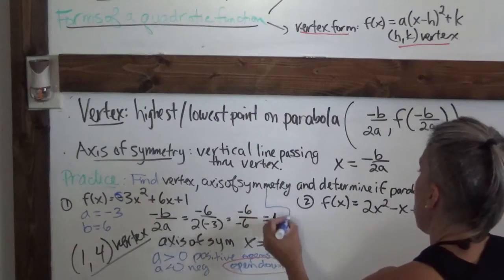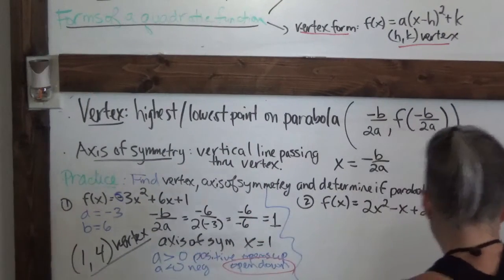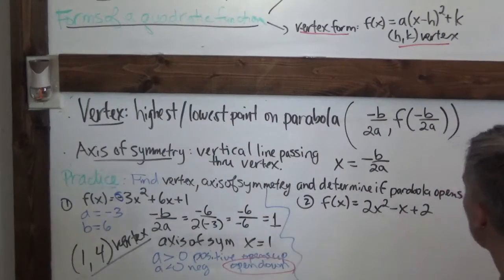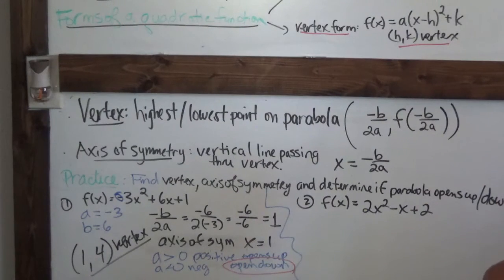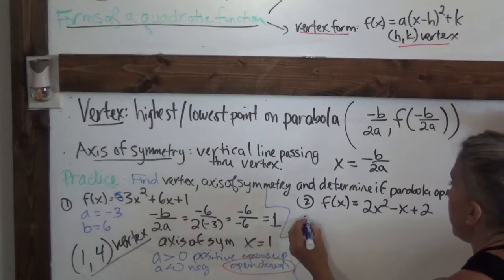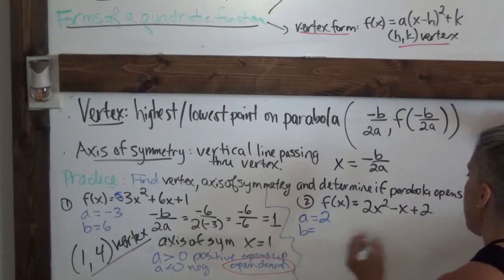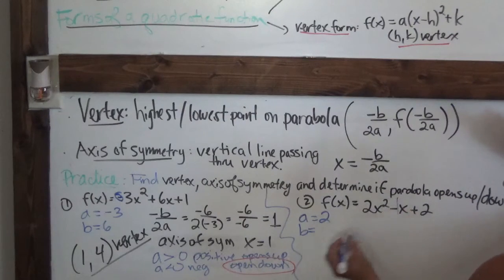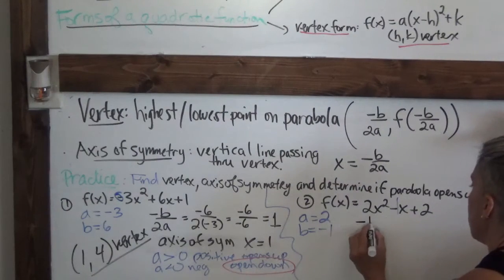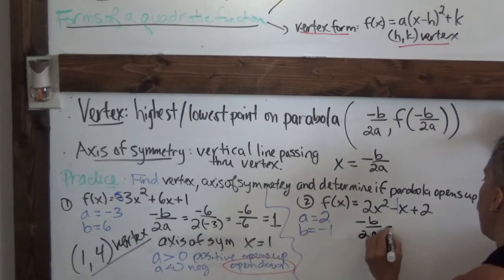Okay, let's take a look at number 2. f of x equals 2x squared minus x plus 2. We want to find our vertex first. So let's define our a, 2. Our b, here is the imaginary little 1 there, and it's -1. Now I'm going to write down my vertex formula, which is -b over 2a.